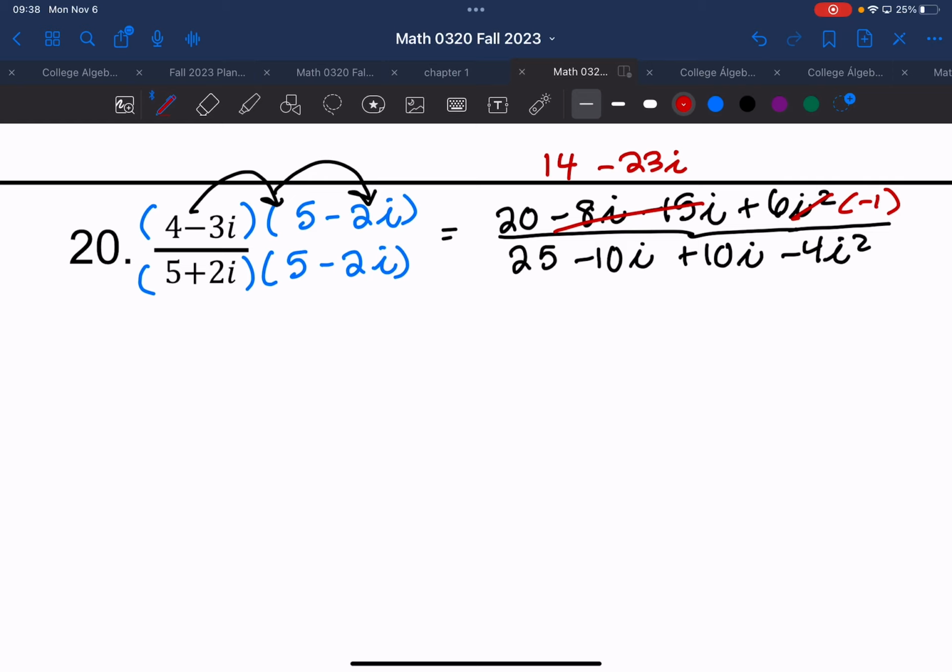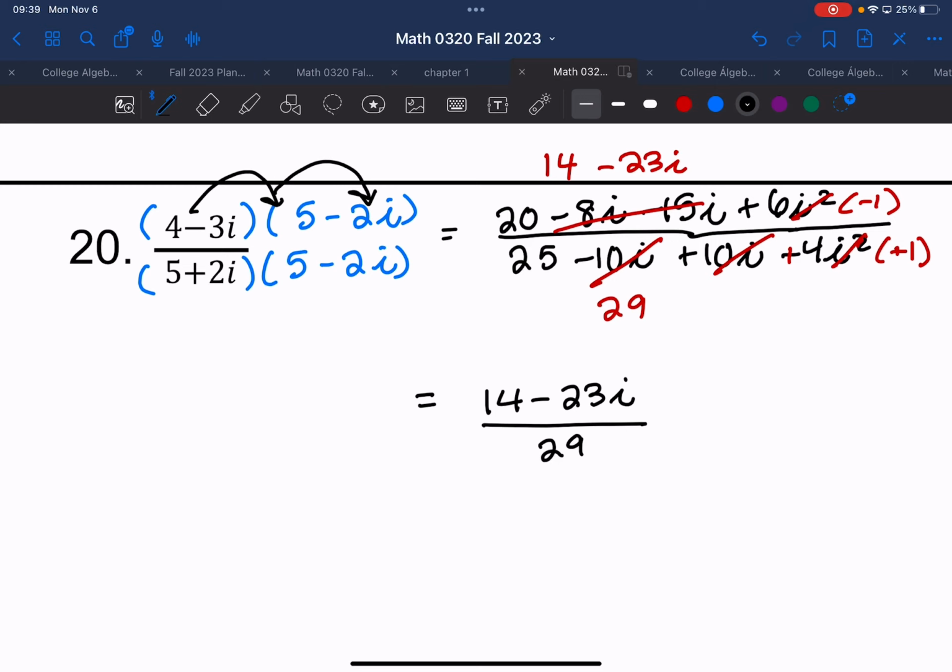Now looking at the bottom, anything that cancels? Good. And then we know that i squared is negative 1. So that means I have 25 plus 4, because this turns to positive 4. 29. So that means I have 14 minus 23i over 29.